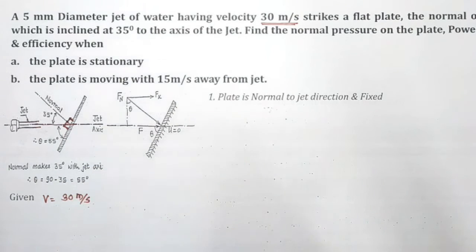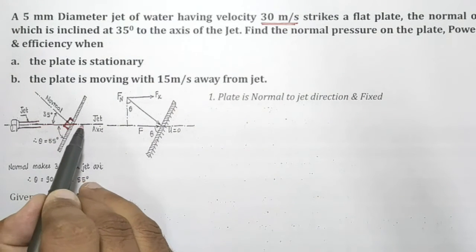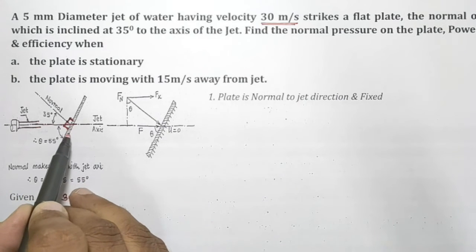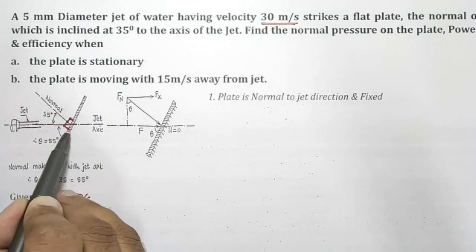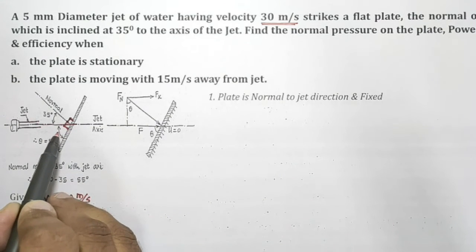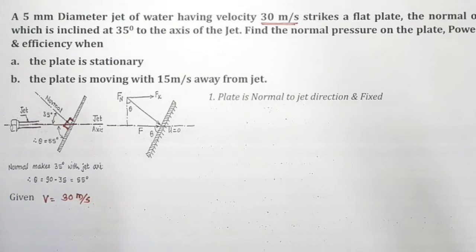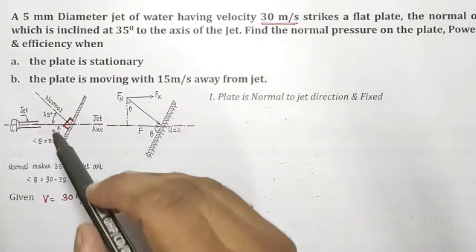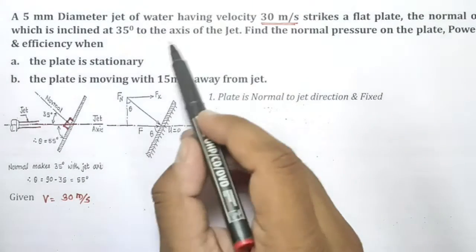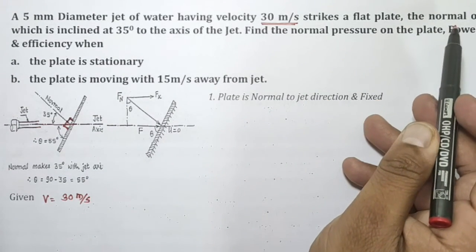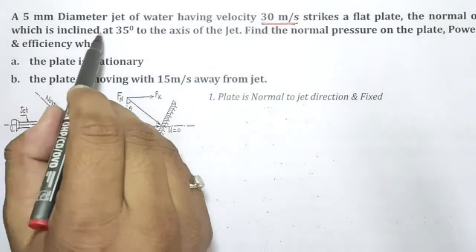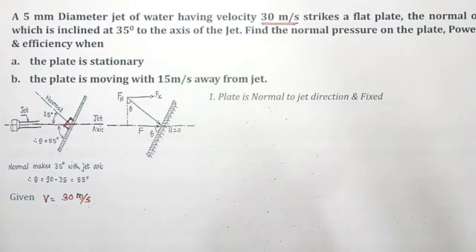As we have already studied in the derivation for the inclined plate, we must concentrate on the angle made by this inclined plate surface with the jet. This angle is necessary to make this problem more rigorous. They have modified this statement in such a way that we have to modify that angle.